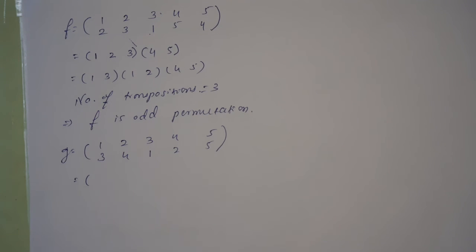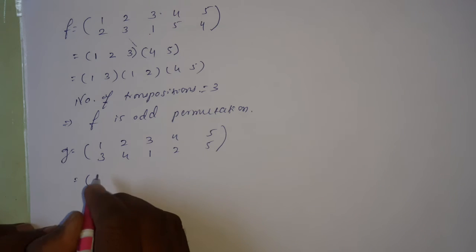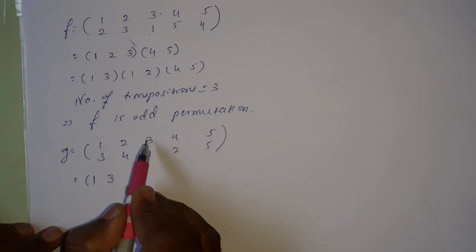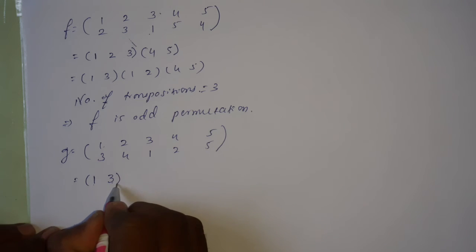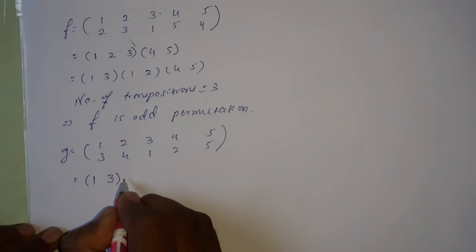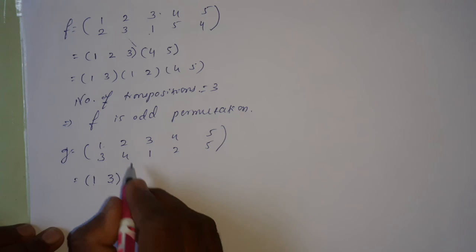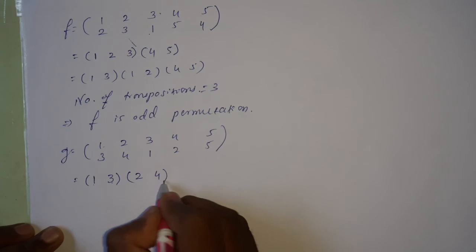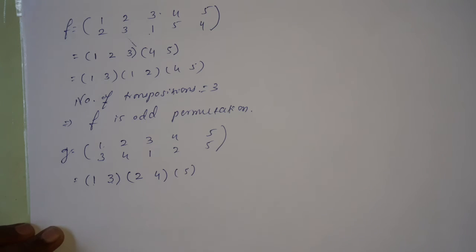So we need to express that as the product of disjoint cycles. The first element is 1 and its image is 3. What is the image of 3? 1. So that is completed. Next, the second element is 2, the image of 2 is 4 and of 4 is 2, and here 5.